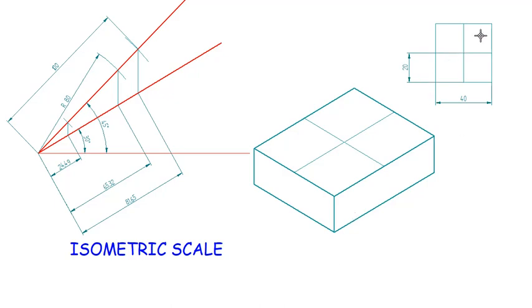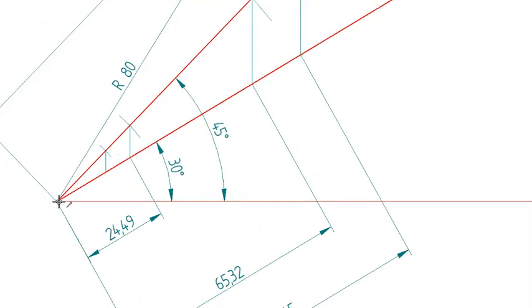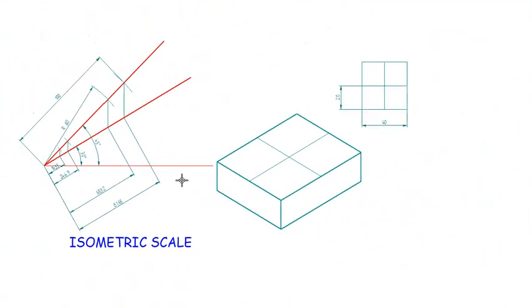So from this point to this point it is 20. So from here I need to take the distance 20, which here should be iso 20. So from here I'll draw an arc to find the iso length. I need to measure the iso length of 20, that is 16.3.